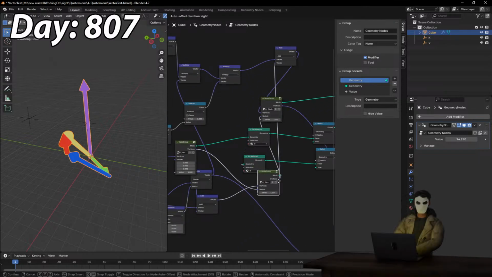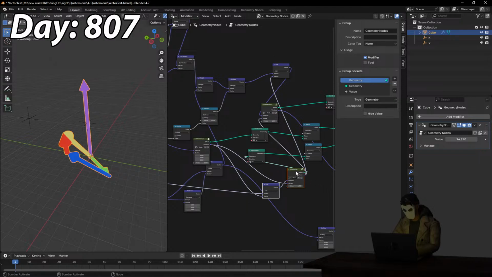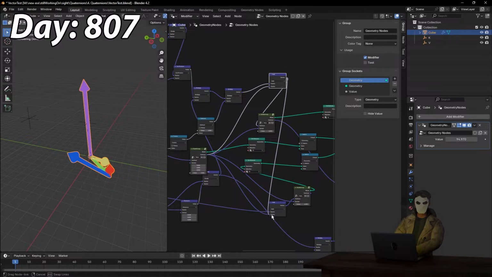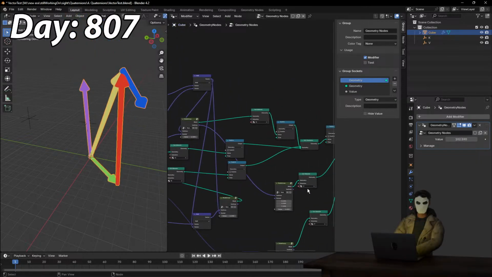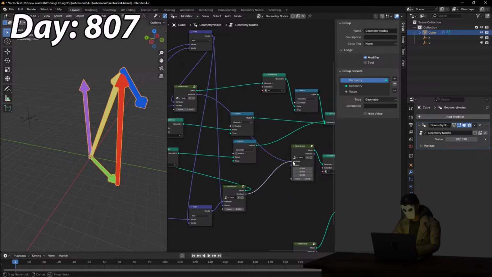Which means actually we have to swap them around. This has to go right here. And this has to go right here. And this is just wrong. And that's because the yellow arrow should leave here now.